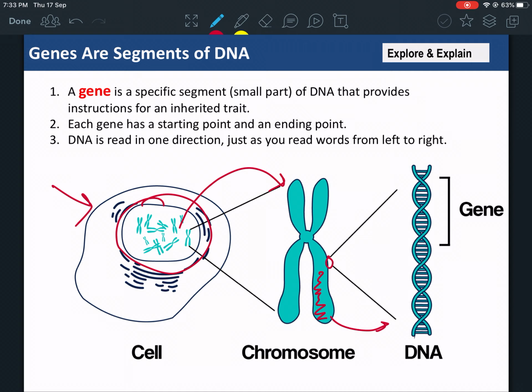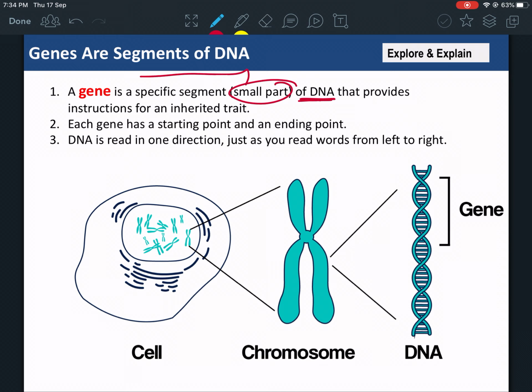They took a part of the DNA. Now, what is a gene? A gene is a part of the DNA. It's just a segment. Segment means part. So the gene is a small part of the DNA. You need to know that.